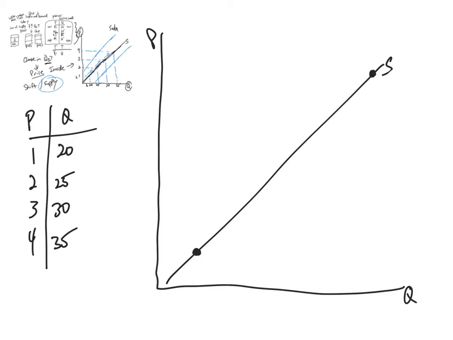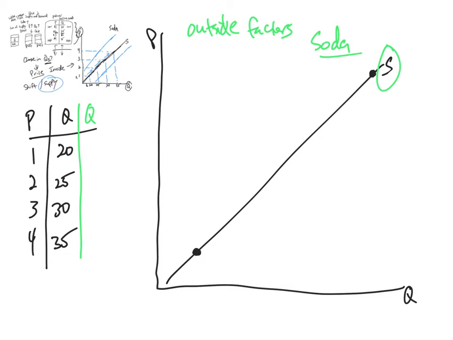Now we're going to imagine that a few things might change, and we're going to call those outside factors. So what are some outside factors that might change the supply of soda? It's not price or quantity; those are inside factors. What's an outside factor that changes the entire supply curve for soda?